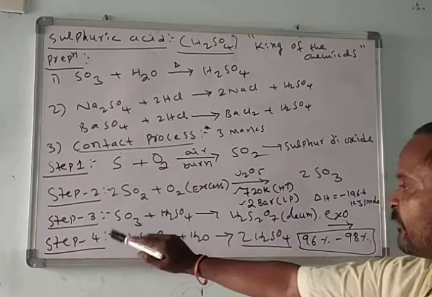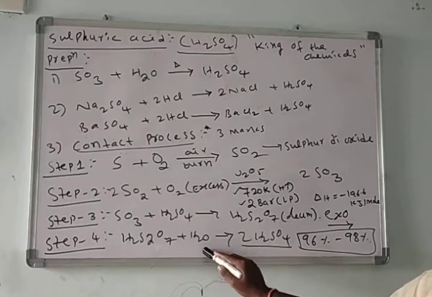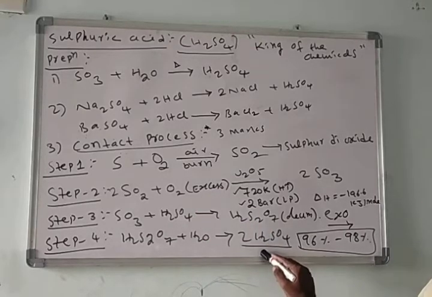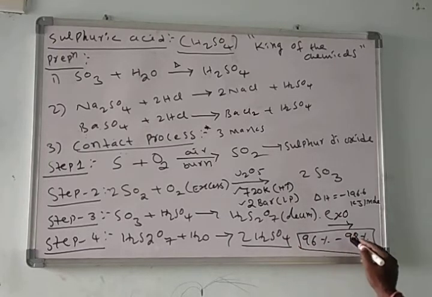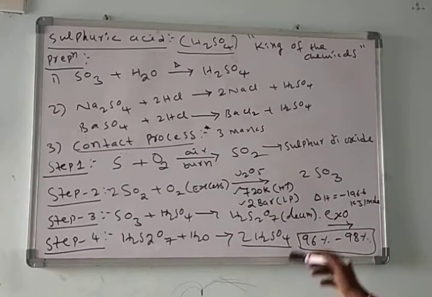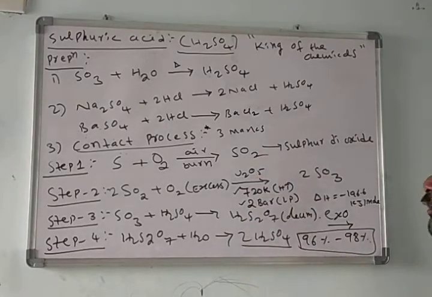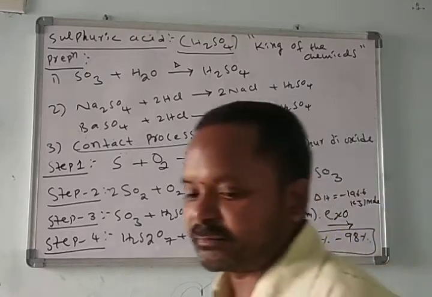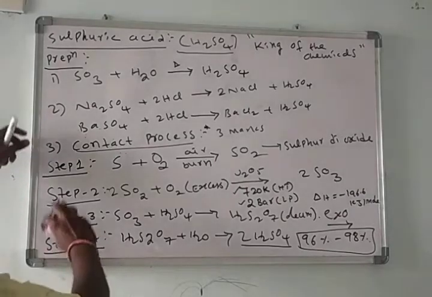Then the oleum is diluted in water and forms more and more sulfuric acid of the desired concentration, nearly 96% to 98%. Impurities are removed by using a purification method and we get 100% purity. The 96 to 98% concentrated sulfuric acid is formed by the contact process. This is one important method for the preparation of sulfuric acid.